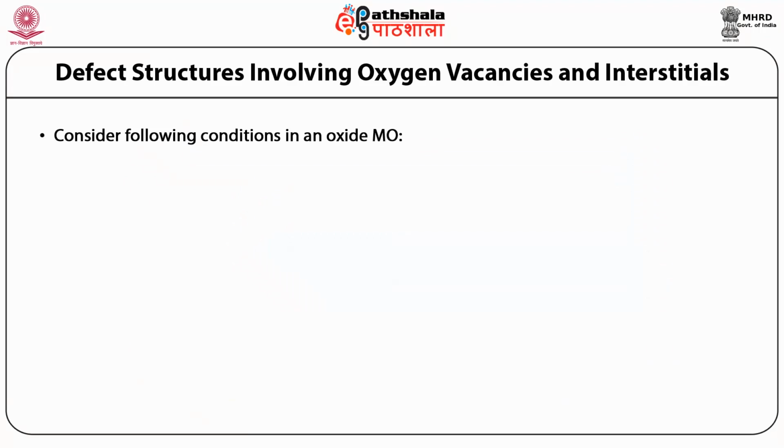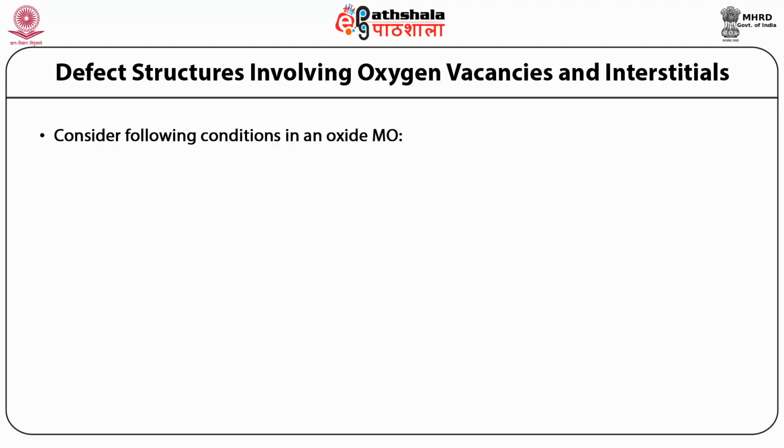First we are discussing the defect structures involving oxygen vacancies and interstitials. Depending upon the partial pressure of oxygen, an oxide may be oxygen deficient or metal excess, or it can be metal deficient, which we can call oxygen excess.